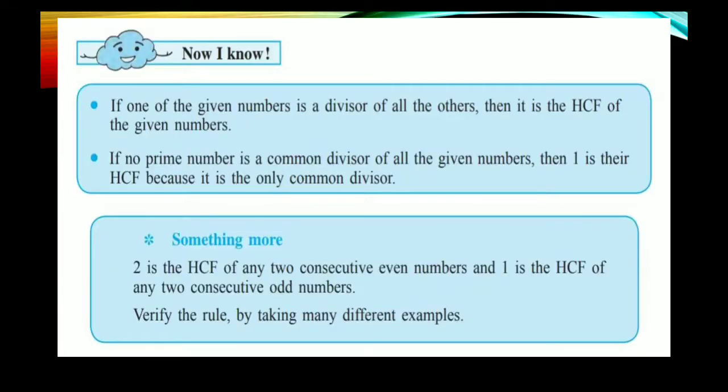Now, if one of the given numbers is a divisor of all the others, then it is the HCF of the given numbers. If no prime number is a common divisor of all the given numbers, then 1 is their HCF because it is the only common divisor.